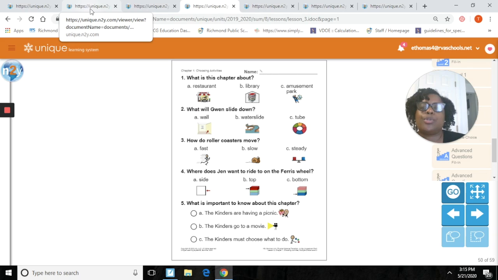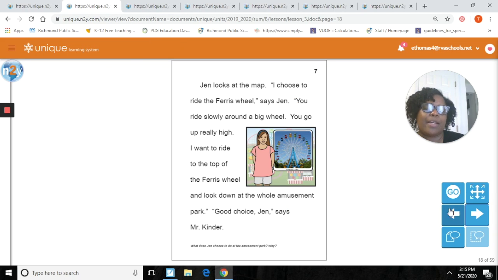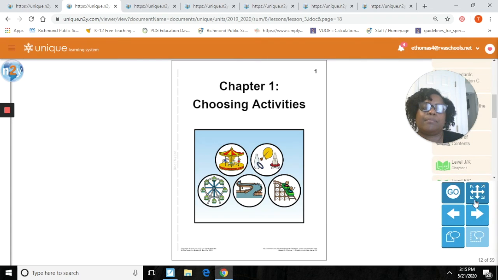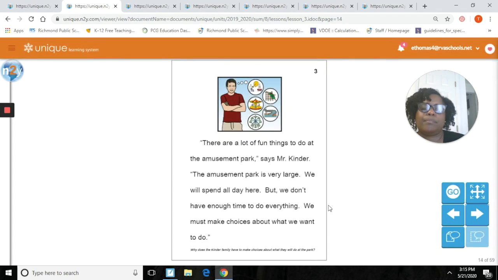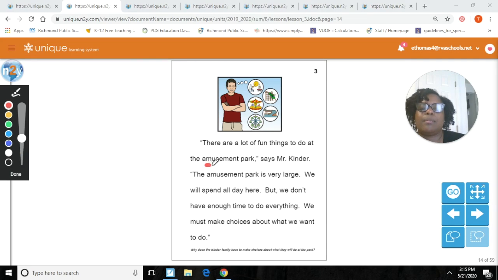So what are we going to do? We're going to use our story to help us find the answer. And there's our answer. What is it about? The amusement park.